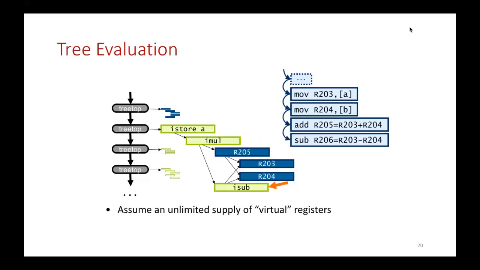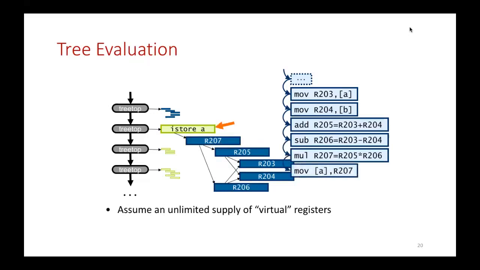So the subtract node simply takes its children from R203 and R204 and stores the result into a new register, 206. We carry on up the tree. Same thing for the multiply: we've done 205, we've done 206, and we put the result into a new one, 207. Eventually the R207 value is stored into variable A.